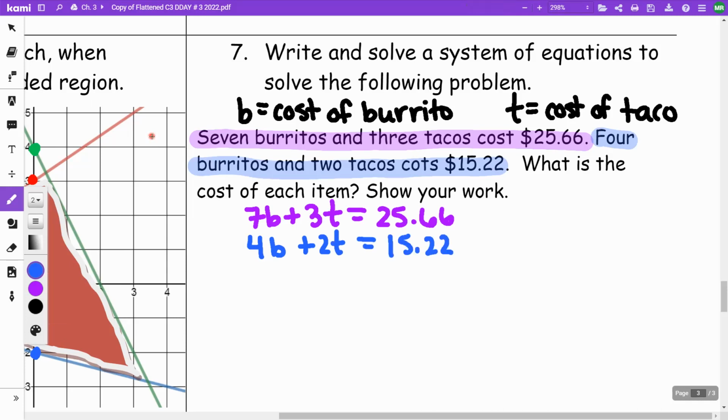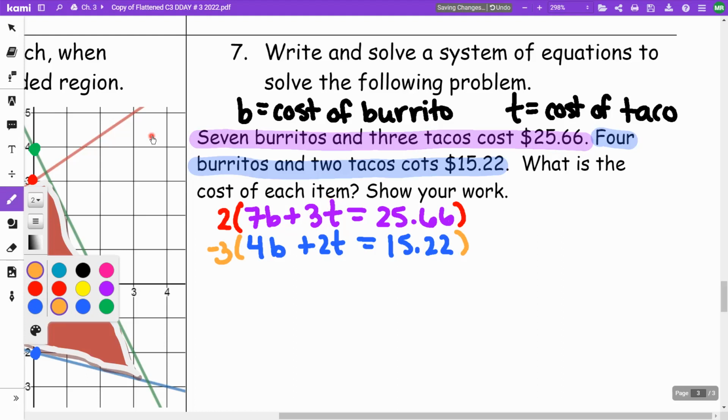So 4 burritos and 2 tacos is 15.22. So I either need to get the same number for my b's, which would be a 28, or the same number in front of my t's, which would be a 6. I think I'm going to go with the 6. Let's multiply the top equation by a 2 and the bottom equation by a -3.